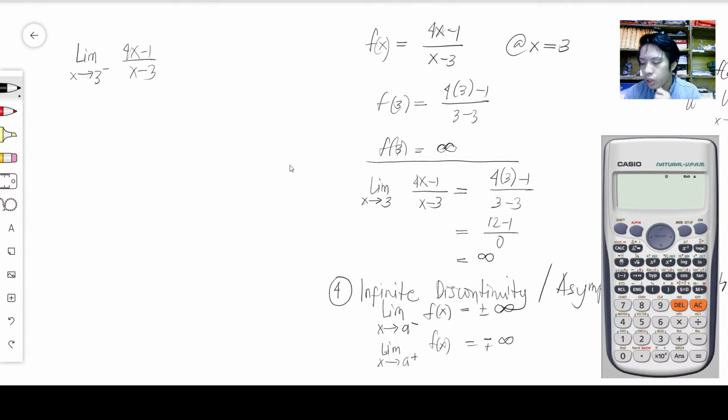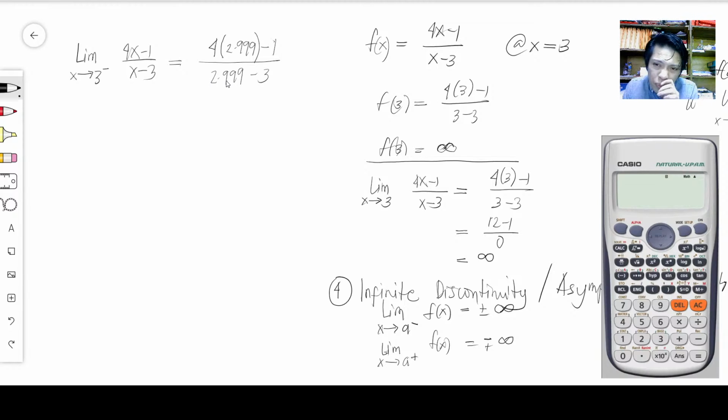For example, 2.999. Let us substitute 2.999. This is equal to 4 times 2.999 minus 1, over 2.999 minus 3.